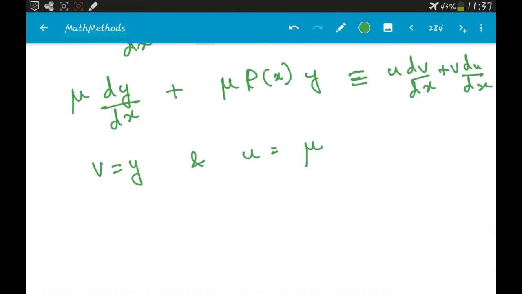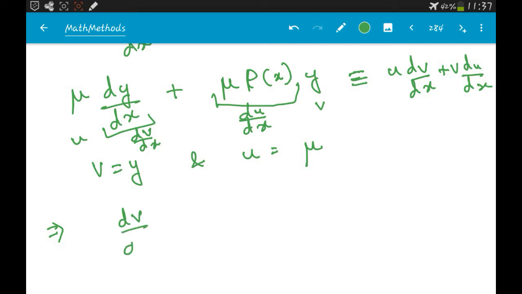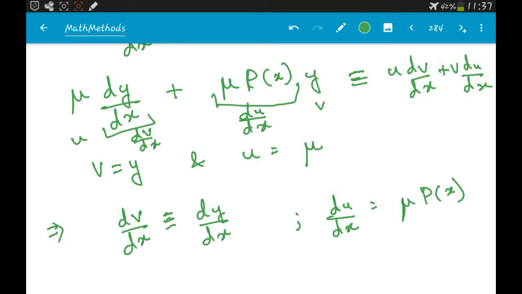So this is your du by dx into v, and this is your dv by dx, and this is u. We can write dv by dx as your dy by dx, and du by dx as mu into p of x.